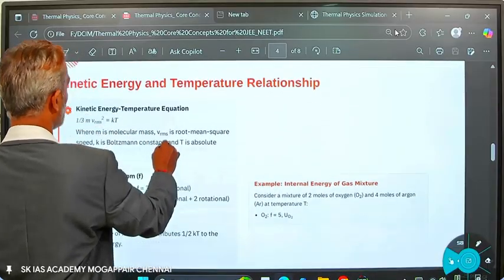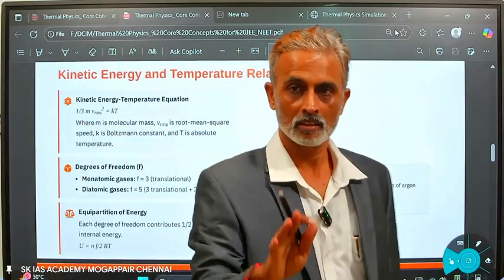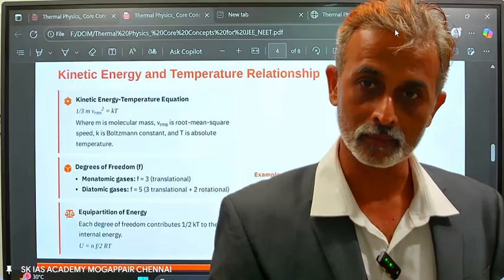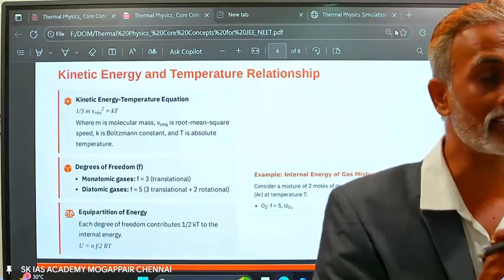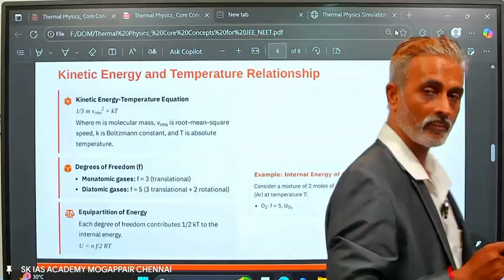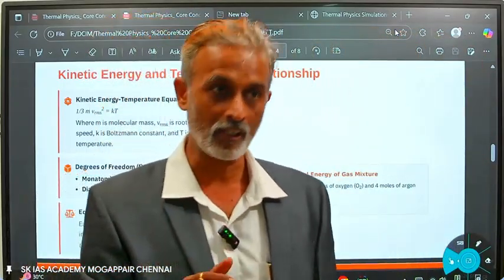Now come to the kinetic energy and temperature relationship. We know kinetic energy is nothing but half mv square, correct? But there is also a relationship with the temperature. Now you can ask why we use the temperature relationship. What is the use?